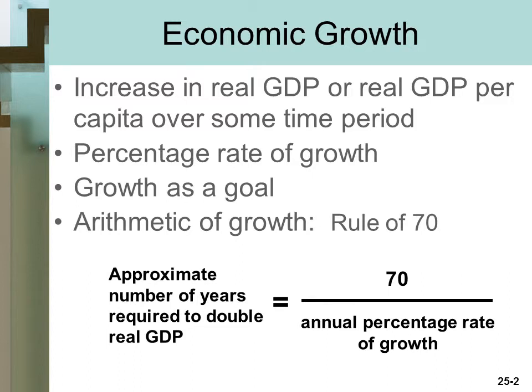If another country with similar resources and population is growing just 2% faster, at 4%, look what happens. 70 divided by 4 works out to be 17 and a half years. So the economy growing at 2% takes 35 years for real GDP to double, while an economy growing at 4% only takes 17 and a half years.